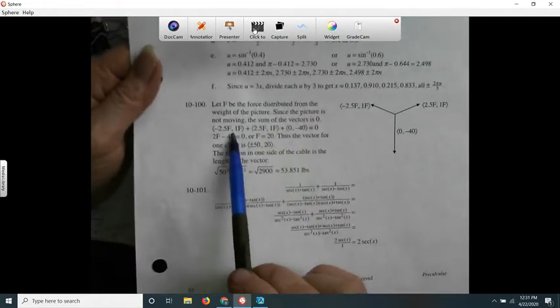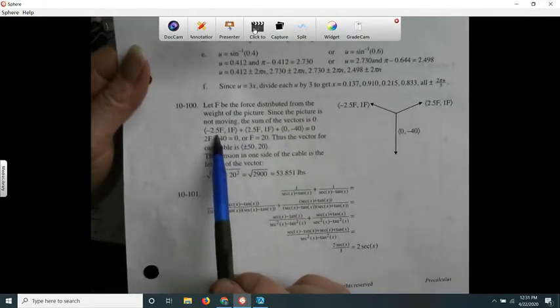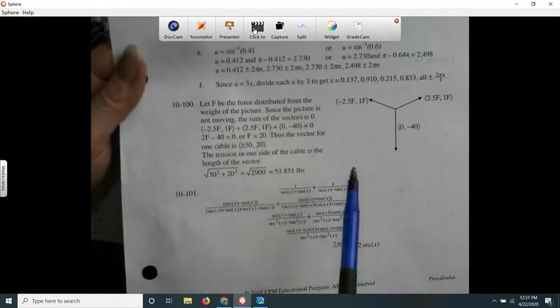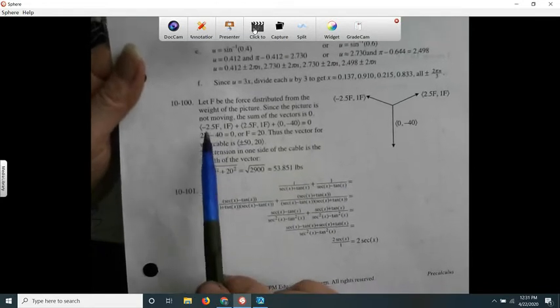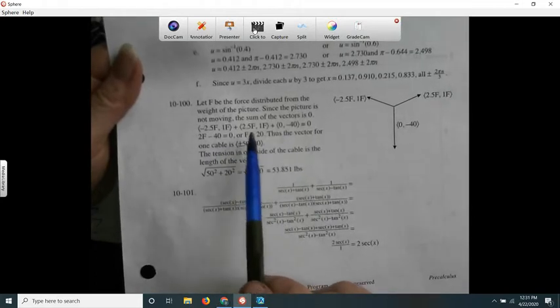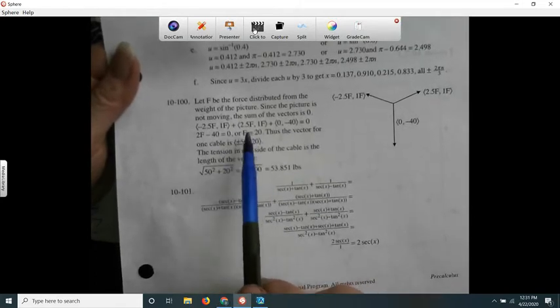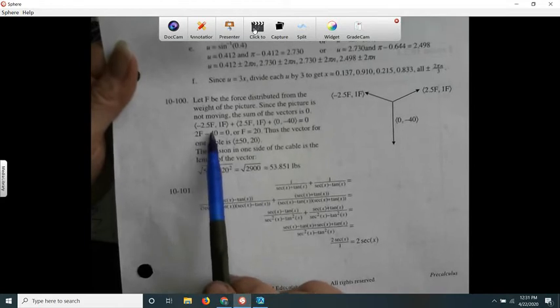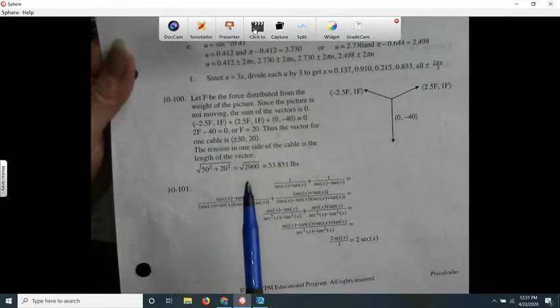Can you guys see that? If you look at the side-to-side movement, the x components, they're going to kind of zero out, right? So you have -2.5 and +2.5 and 0.